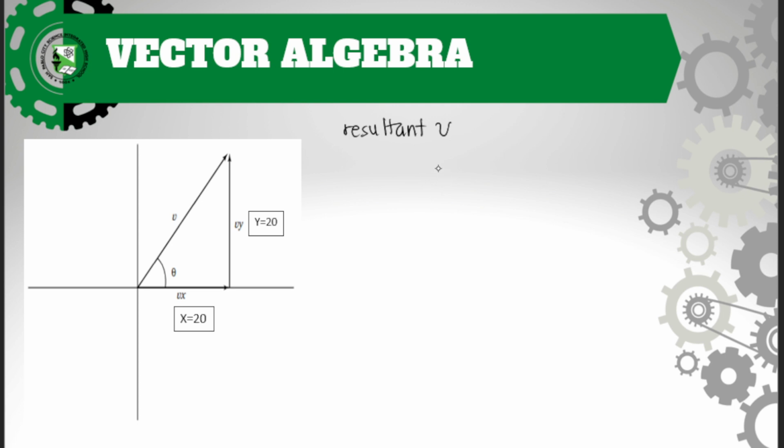Resultant v. Okay? So, v is equals to square root of vx squared plus vy squared using Pythagorean theorem. Okay? So, square root of 20 squared plus 20 squared.